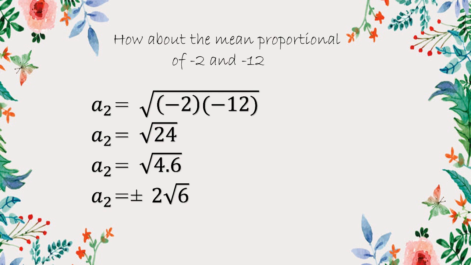Since it is not a perfect square, we have to look for a number that is a perfect square and a factor of 24. So that would be 4 multiplied by 6. So the square root of 4 is 2, and 6 is not a perfect square. So the mean proportional of negative 2 and negative 12 is positive and negative 2 square root of 6.